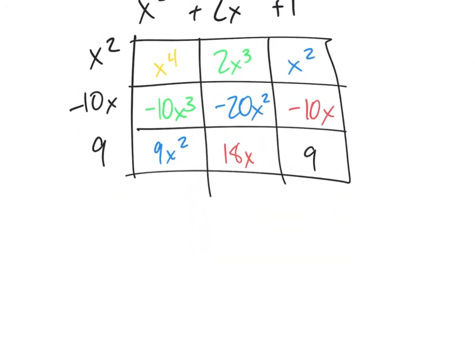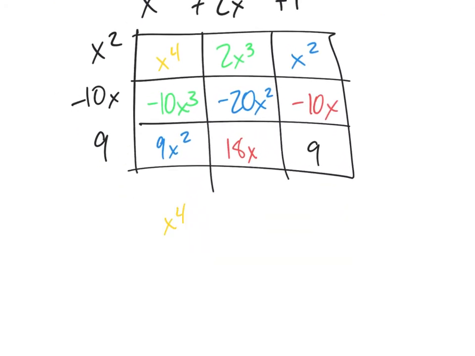Okay, so combine the like terms, we get x to the 4th minus 8x cubed minus 10x squared plus 8x plus 9.